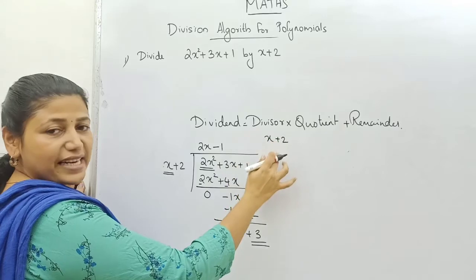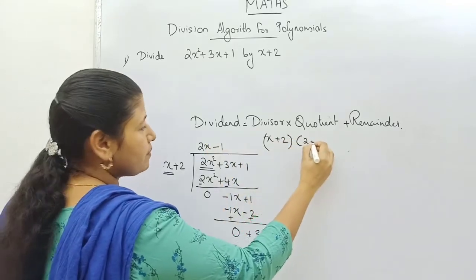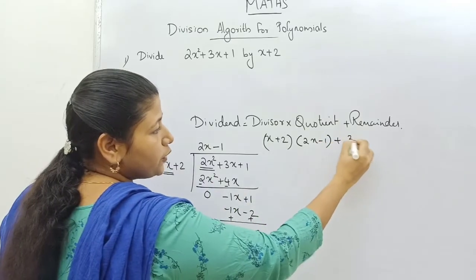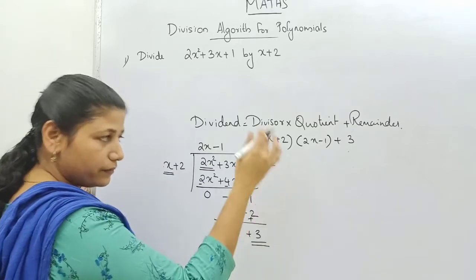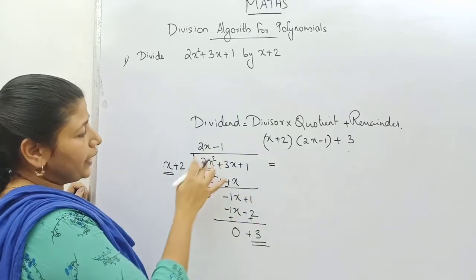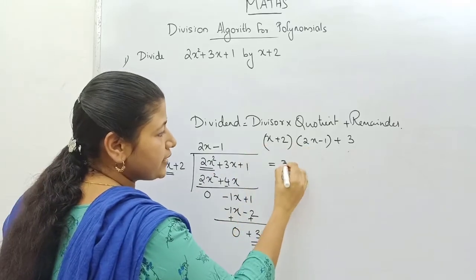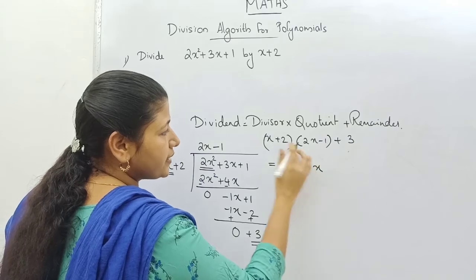We got the divisor as x plus 2, quotient as 2x minus 1 and remainder as 3. We will multiply x plus 2 and 2x minus 1 and check whether we get the dividend or not, that is my question. So x into 2x is 2x square. X into minus 1 is minus 1x.